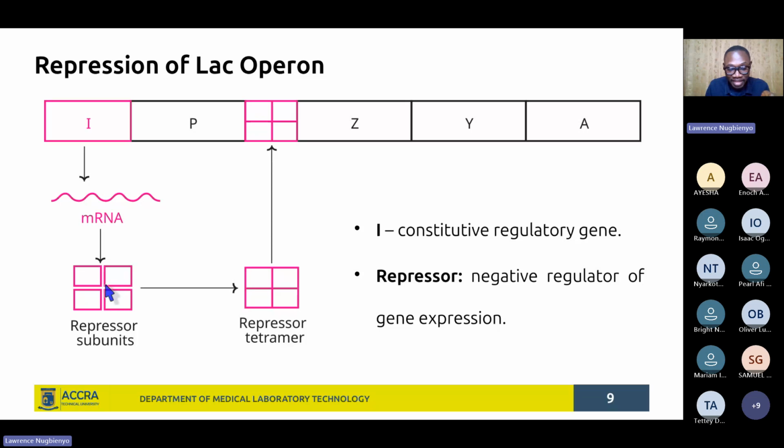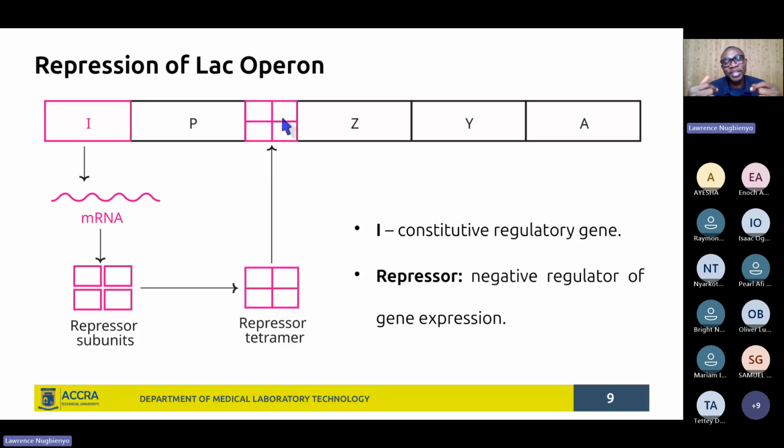And that inhibitor is the repressor. And that repressor is what will go to bind to the operator region. And once it binds onto the operator region, it represses the gene, meaning the gene is not going to get expressed.